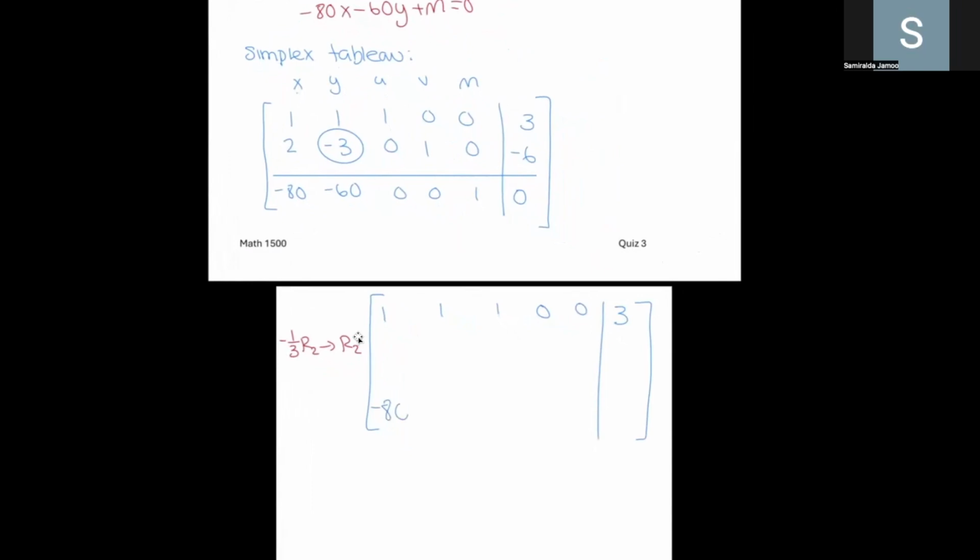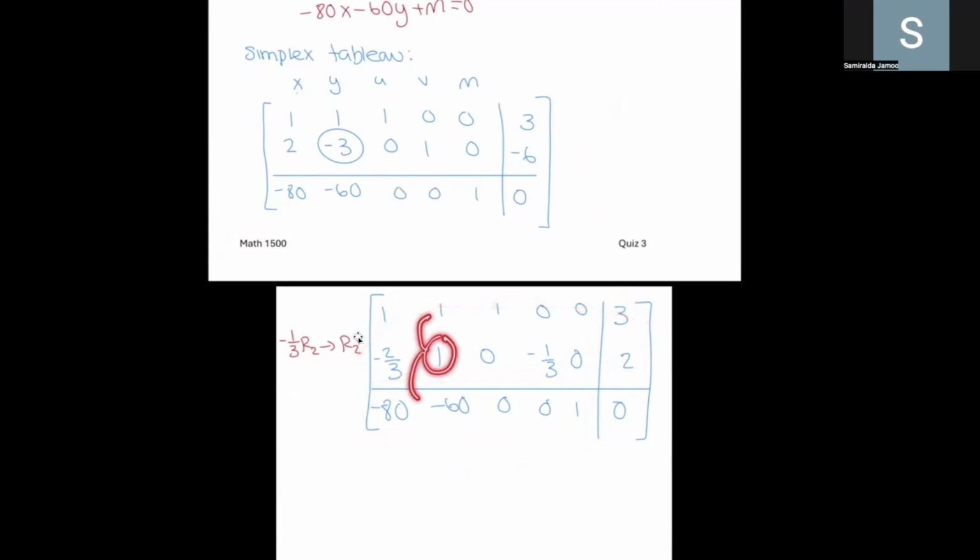Row 3 is -80, -60, 0, 0, 1, and 0. Row 2 gets multiplied by negative 1 over 3. So this becomes negative 2 over 3. I get 1, 0, negative 1 over 3, 0, and 2. All right, so now we have our 1 where we want it.